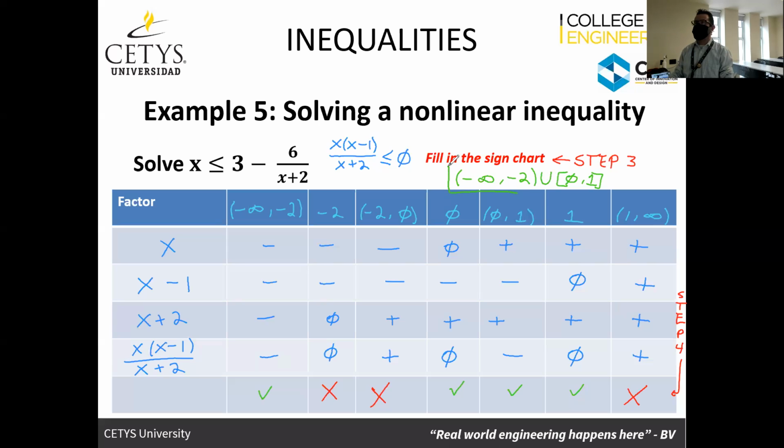And so this would be the final solution. It actually can fit here on the bottom, just to keep the nomenclature of what we've been doing before. This would be the solution, following the sign chart.